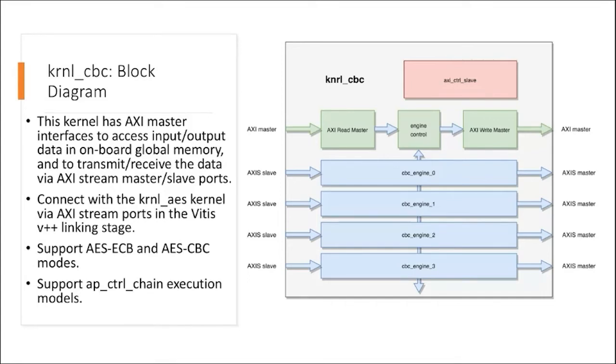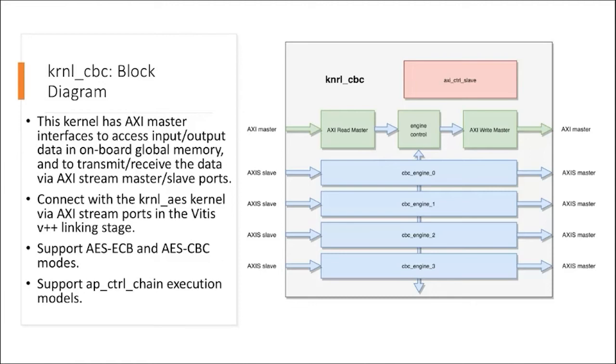To see the implementation, the host program uses multi-threaded run instances. We will take a look in just a second, but not in a very detailed manner. We will also see the speed difference between AP control chain and AP control HS later.